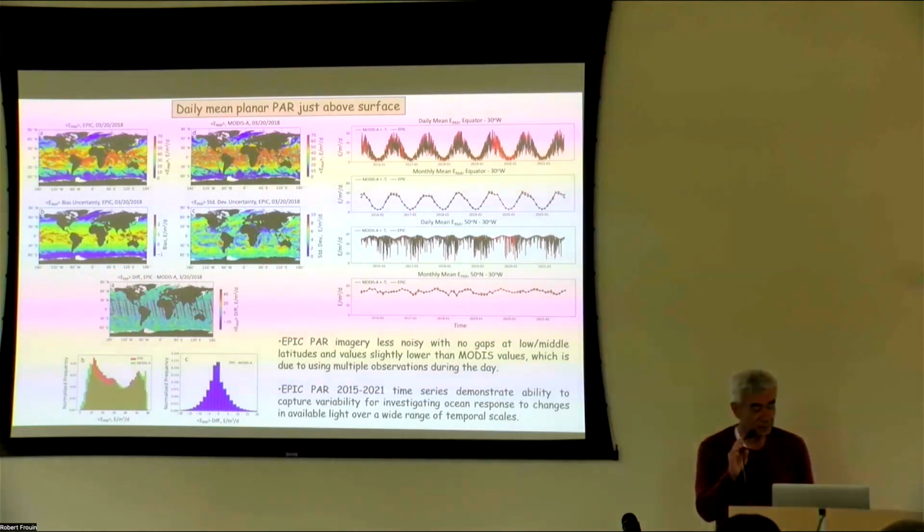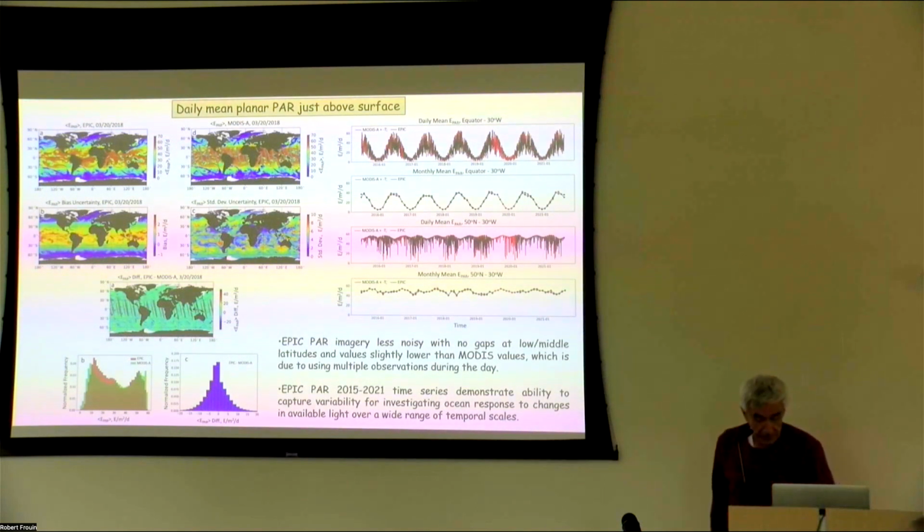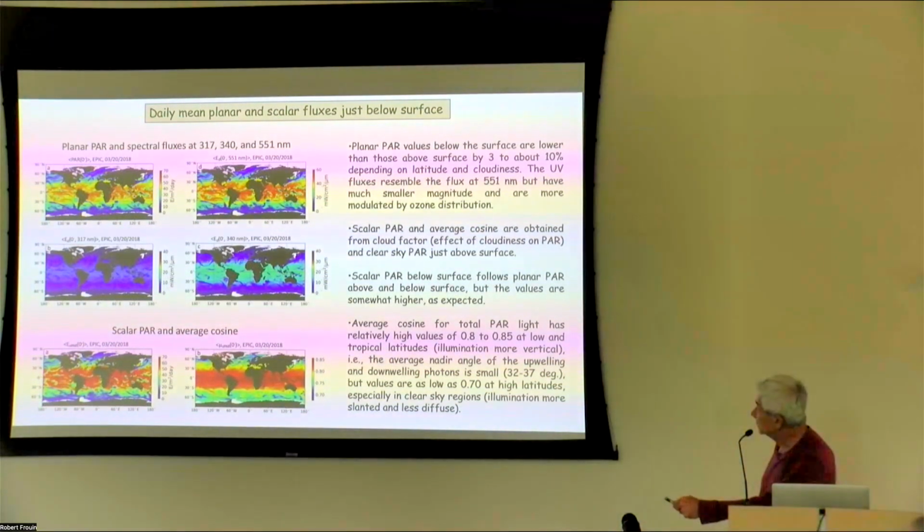Okay, so we've seen one of the products that we can get from EPIC, a daily mean planar power just above the surface. And some of the products are the daily mean planar and scalar fluxes just below the surface. So on the left here, you have this planar power, spectral, daily mean again.